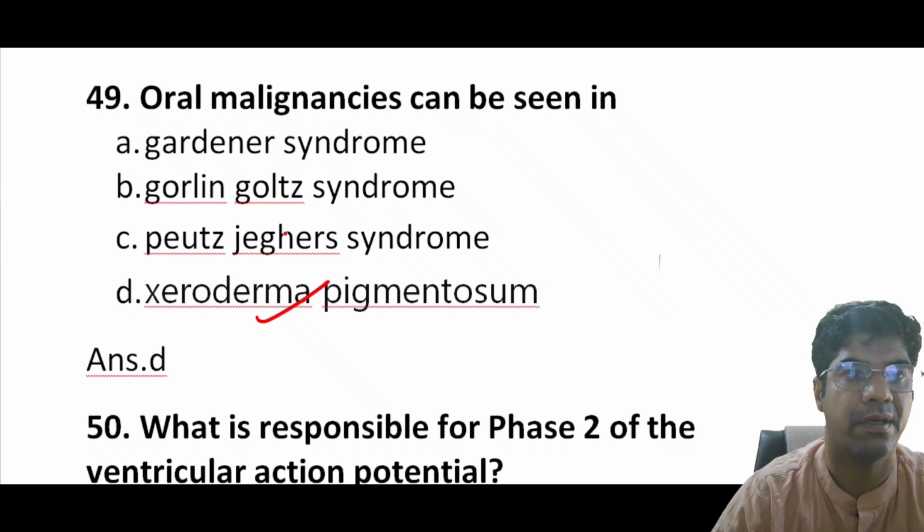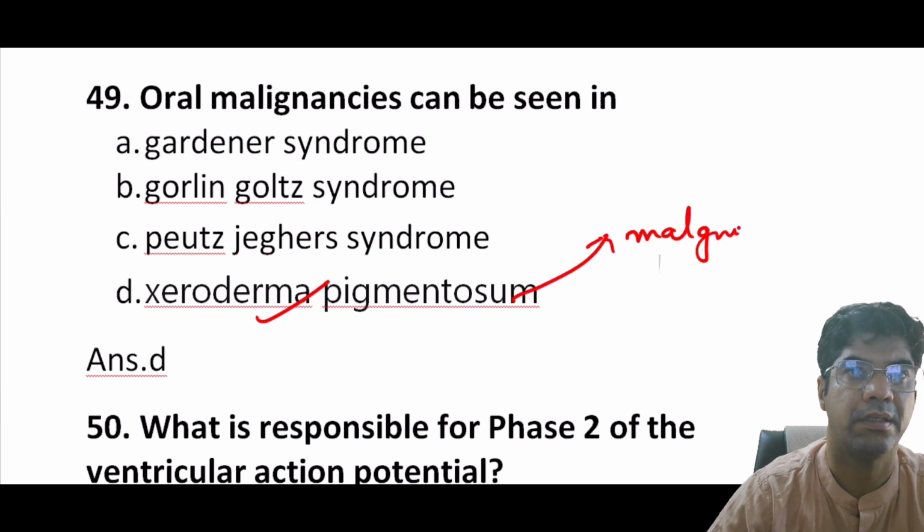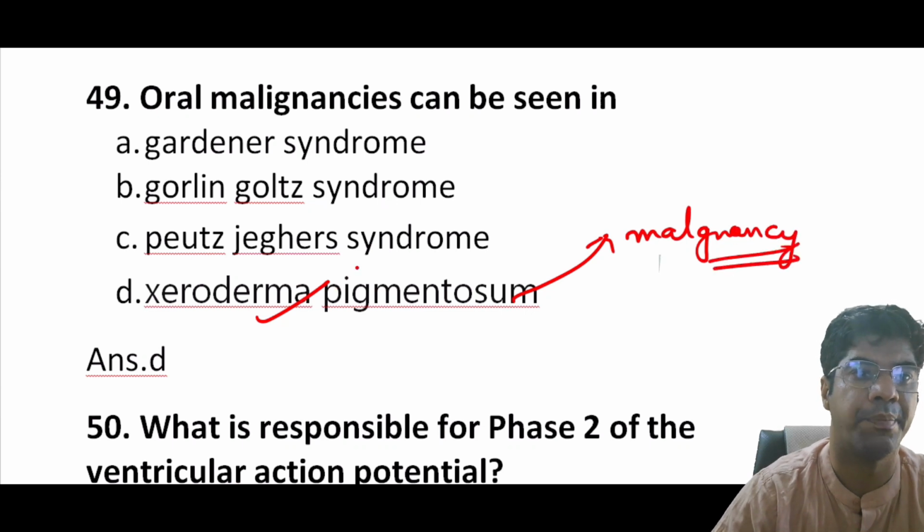They also have increased risk of developing ocular lesions, and they are prone to develop malignancies. So that is why your answer is xeroderma pigmentosum.